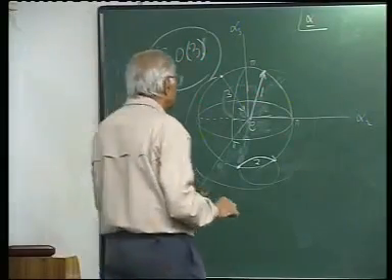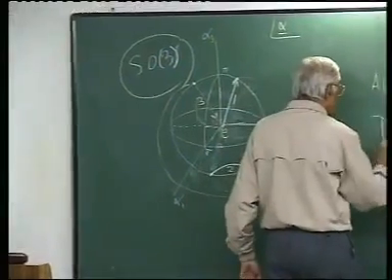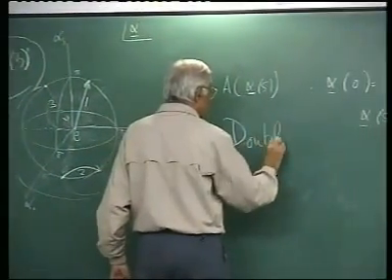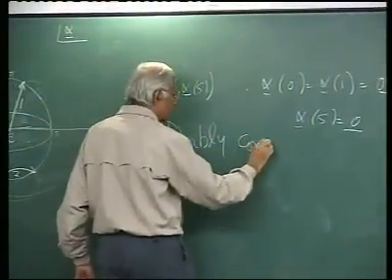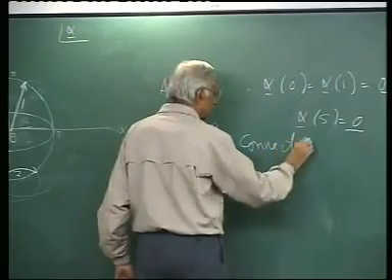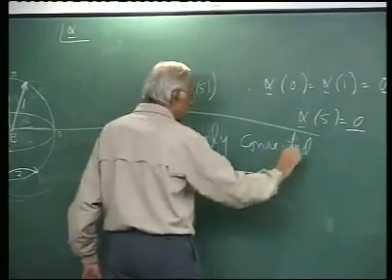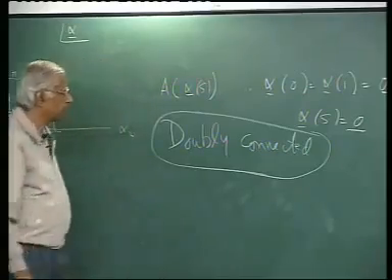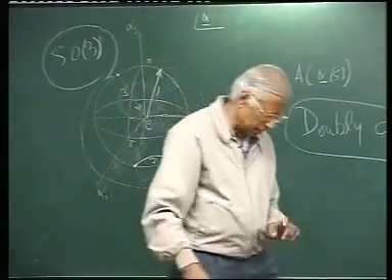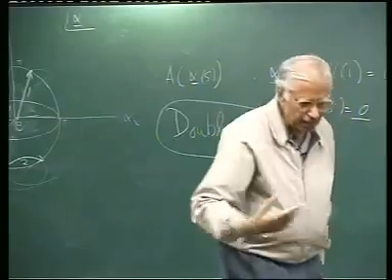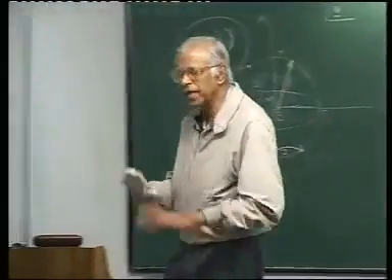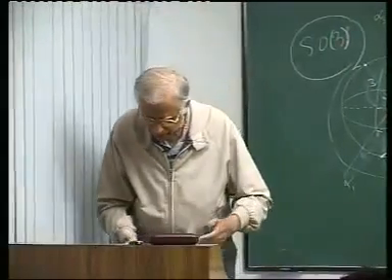So we say that the group SO3 is doubly connected. This is the technical term, and it describes for you the nature of the space, the manifold of the group.